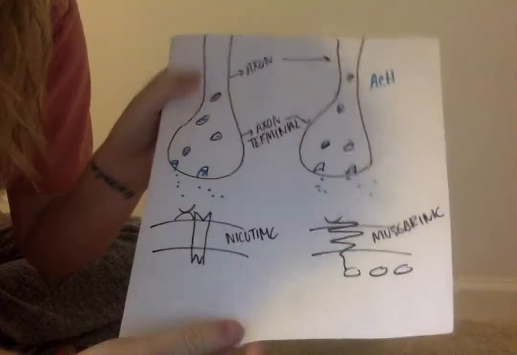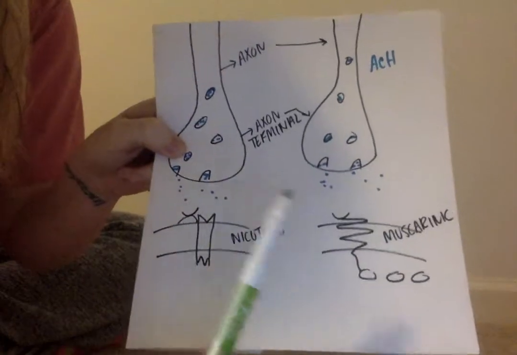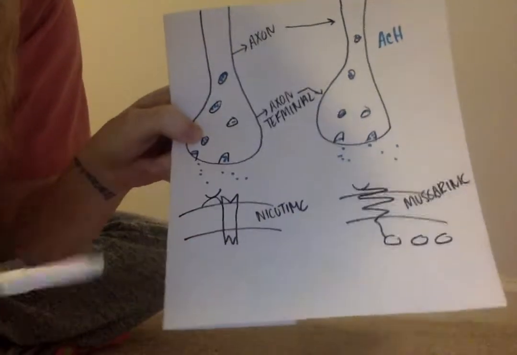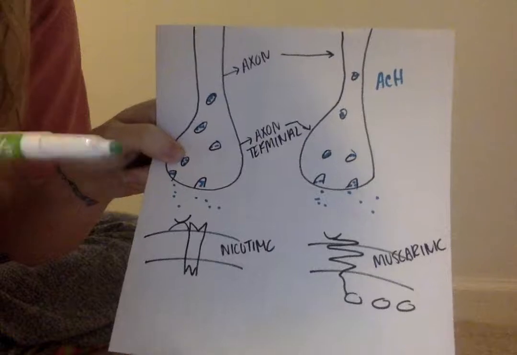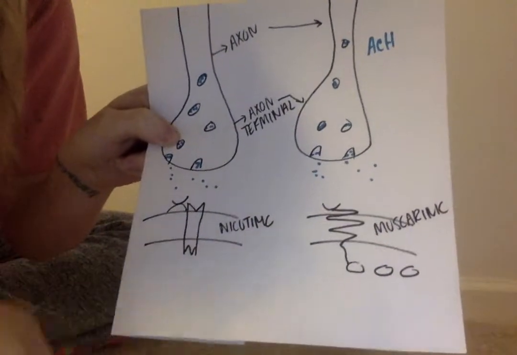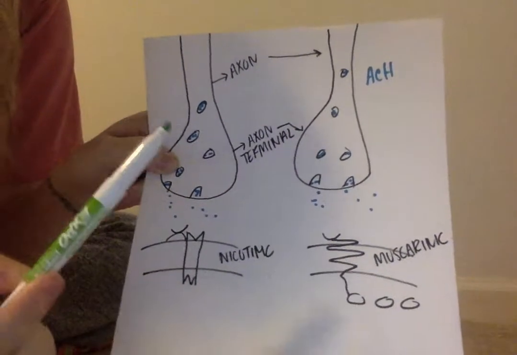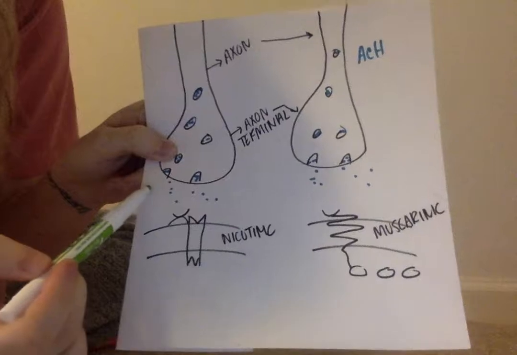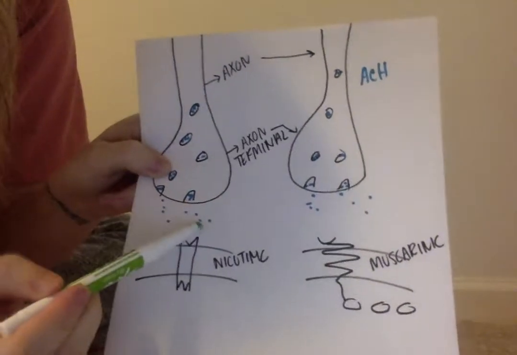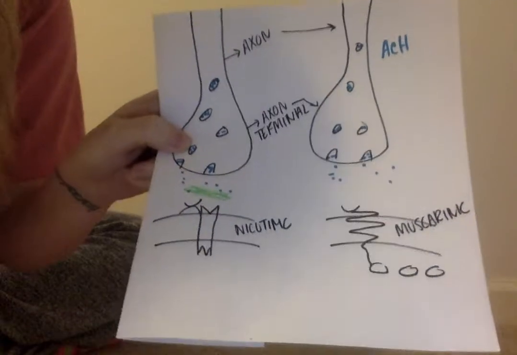Okay, so acetylcholine is the master key. It unlocks both of these receptors. But what's the difference? Their shape's a little different, but that doesn't really make a difference pharmacologically. This is what's important pharmacologically. If I introduce a different substance here, that's going to be a different substance.